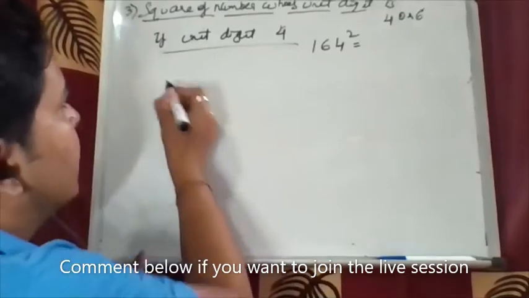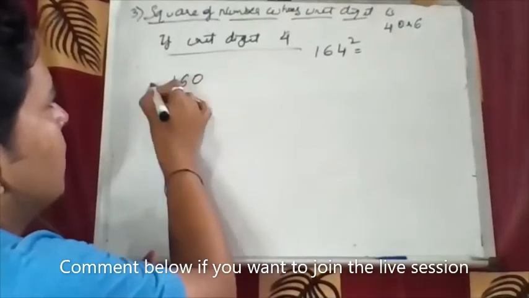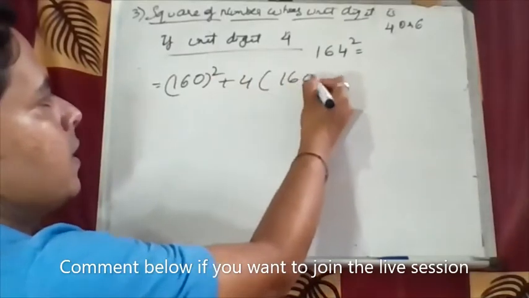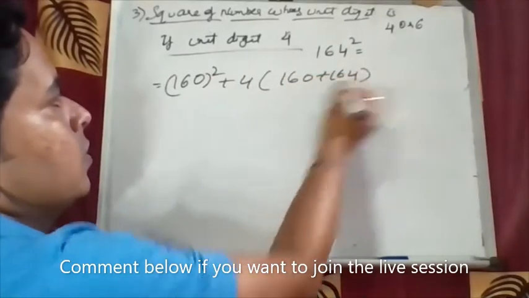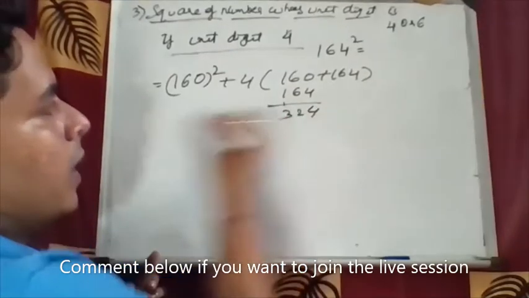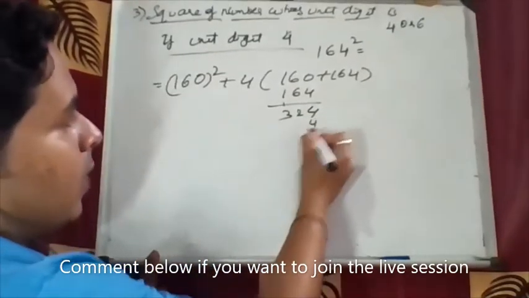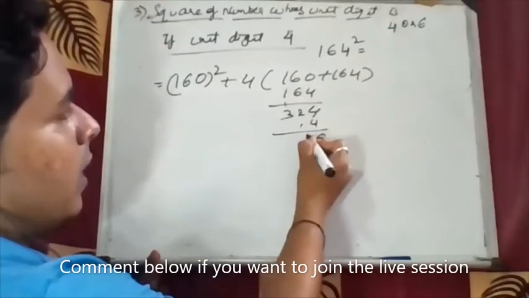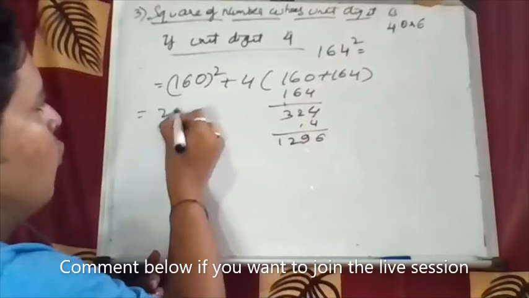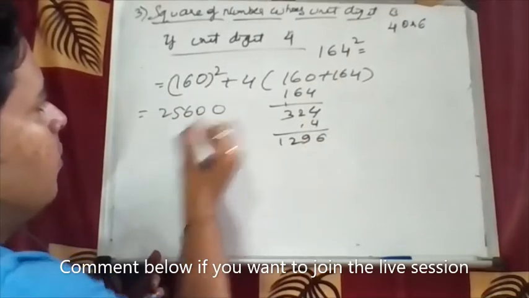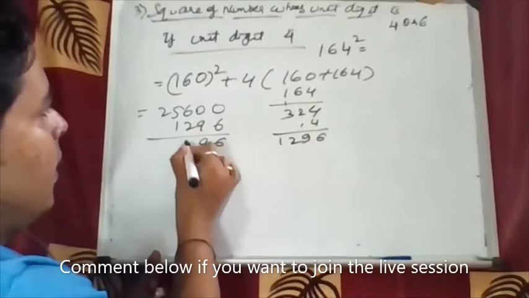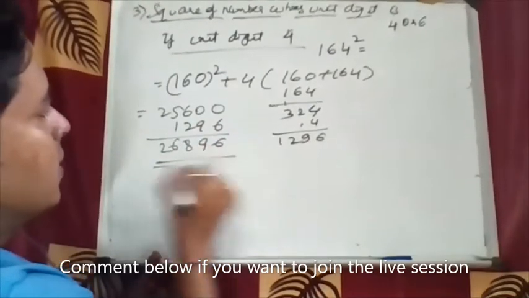What is the nearest number? 160. 160 square plus 4. Add 160 plus 164, which is 324. Then multiply with 4, which is 1296. So here 25600 plus 1296, and 26896 is the answer.